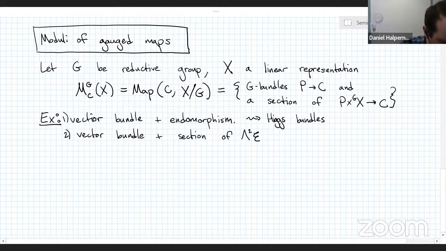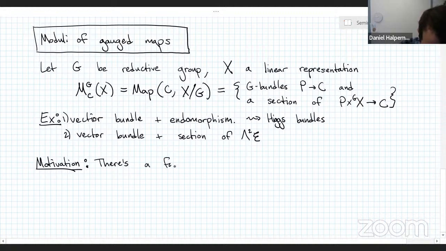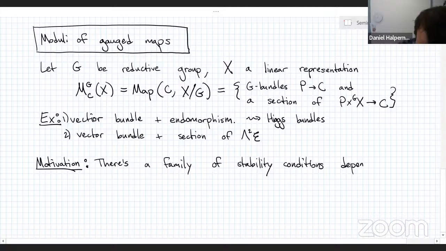And the motivation is the following. On this stack, there's a family of stability conditions depending on a real number delta.